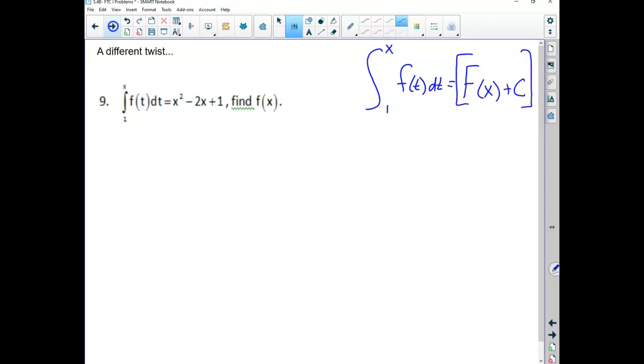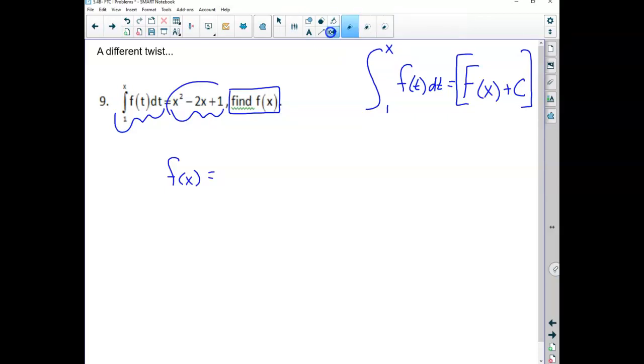What do they want me to find? They're asking me to find, that's not a big F, that's a little f. So they're asking me, kind of symbolically, to find the derivative of this. Let me back up.